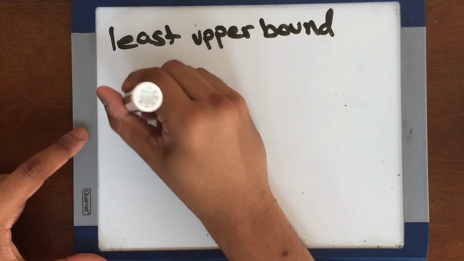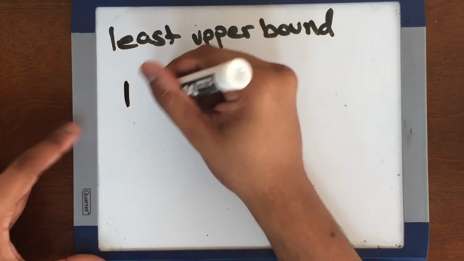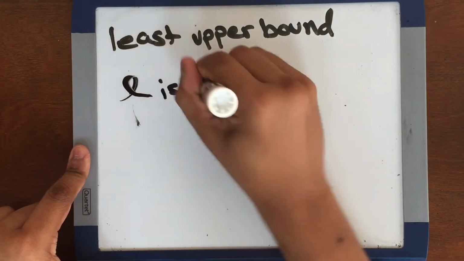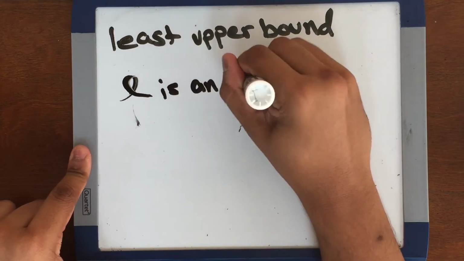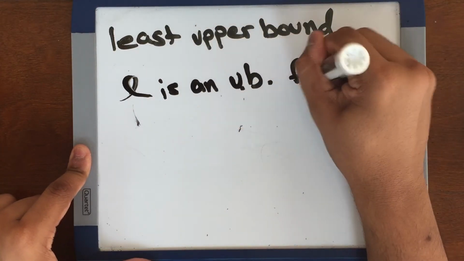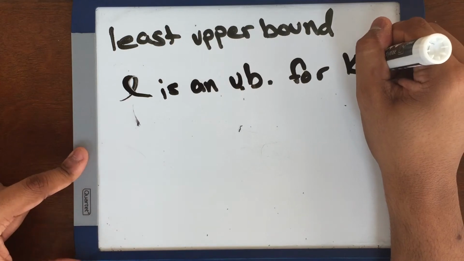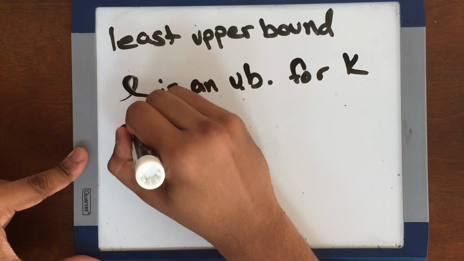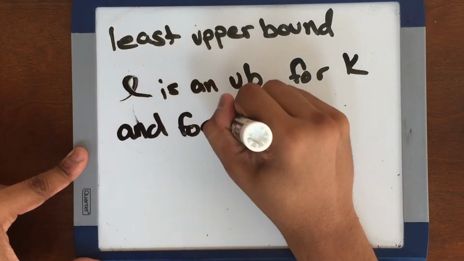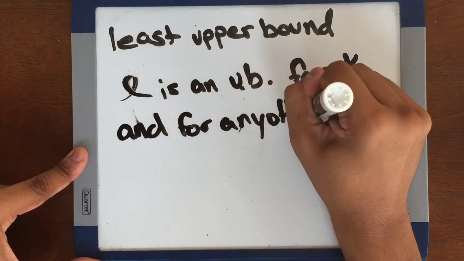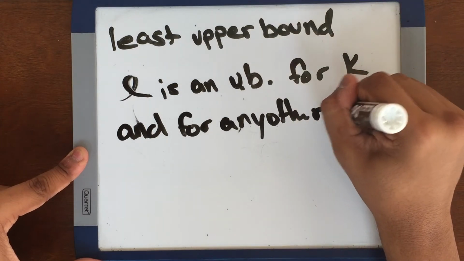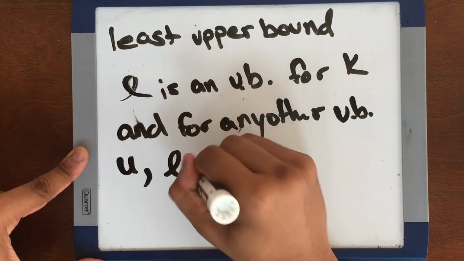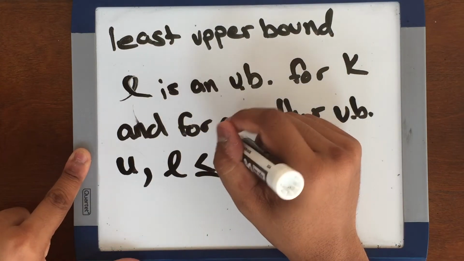So, L is an upper bound for K, and for any other upper bound U, L is less than or equal to U.